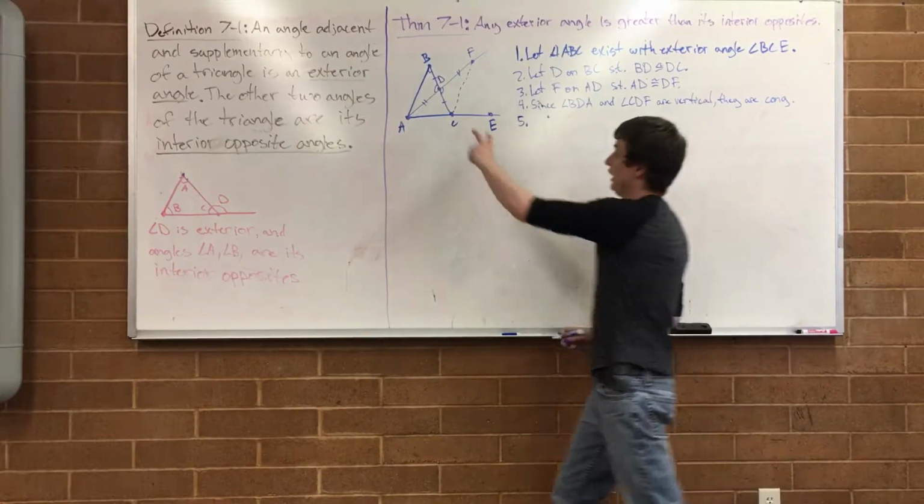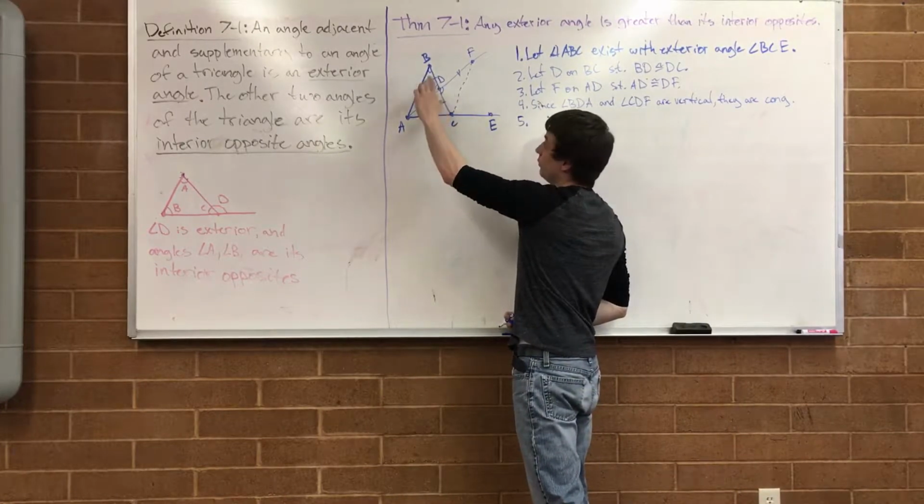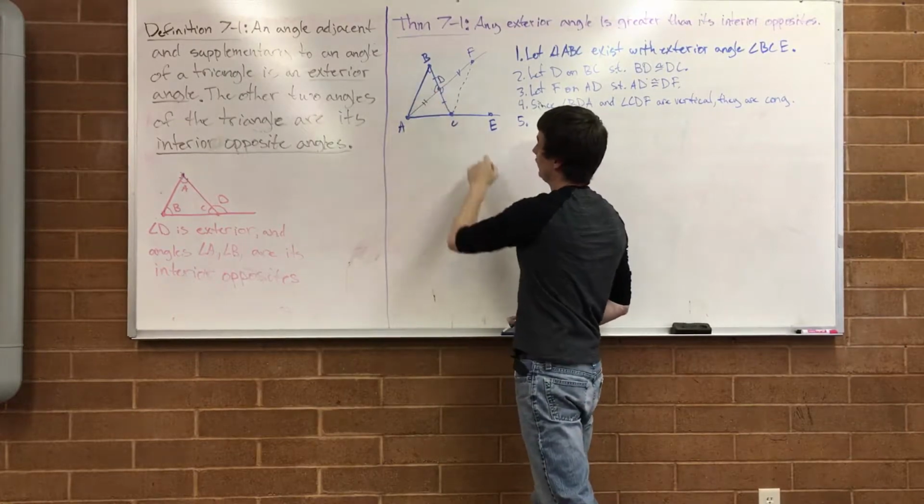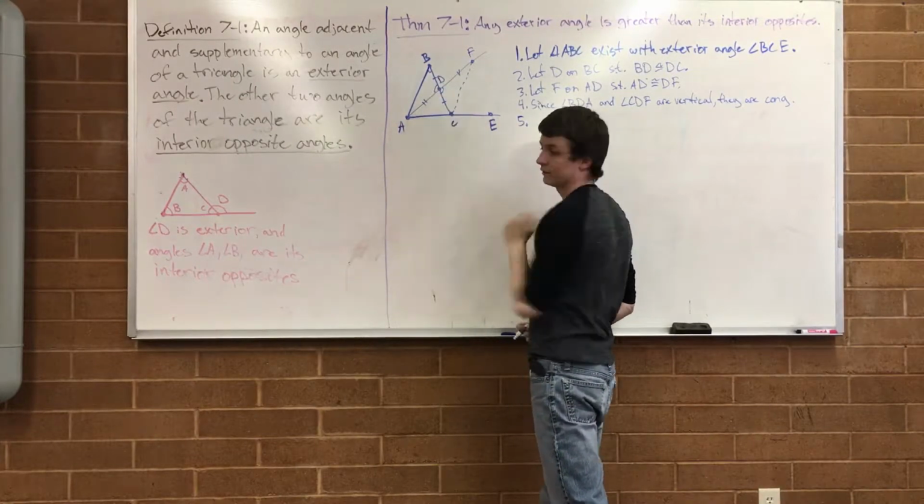So now we have two congruent triangles by side. That side's congruent to that side. Angle, that angle's congruent to that angle. Side, that side's congruent to that side.